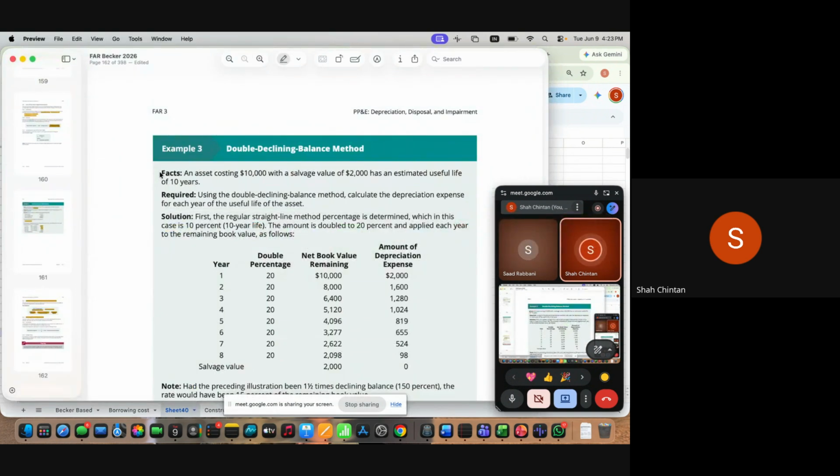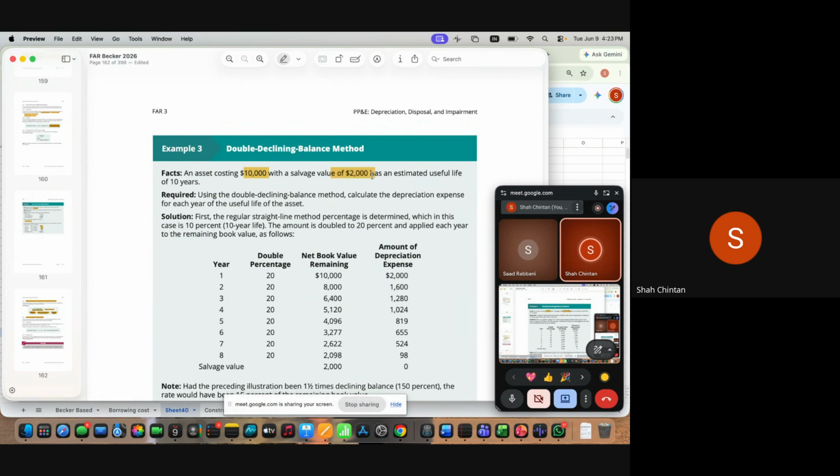Let's see an example once, and again the things will be fine. And now this method can be changed: a 125% method of depreciation, 150% method of depreciation, 175% of depreciation. So you just have to calculate the base first and then double the depreciation, or take 125 or 175 times of depreciation. So suppose an asset is costing $10,000 with a salvage value.